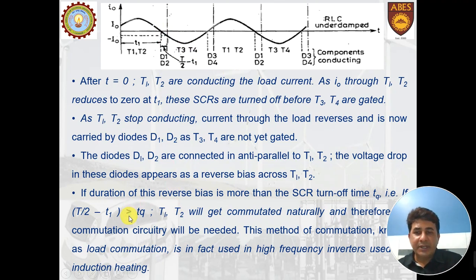So this time should suffice to get the load commutation. This method of commutation is called load commutation, and it is in fact used in high frequency inverters used for induction heating. This gives you an understanding of the RLC underdamped load.